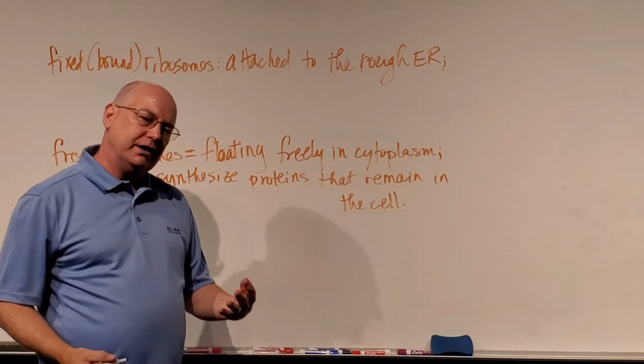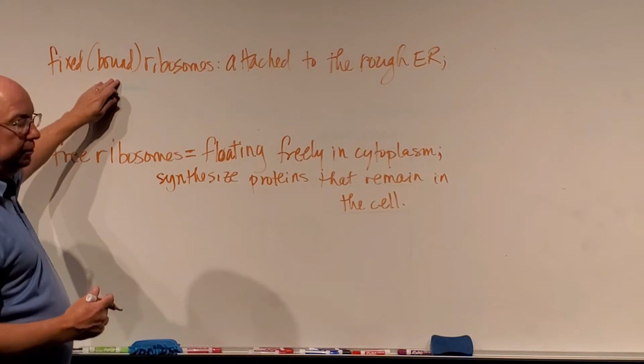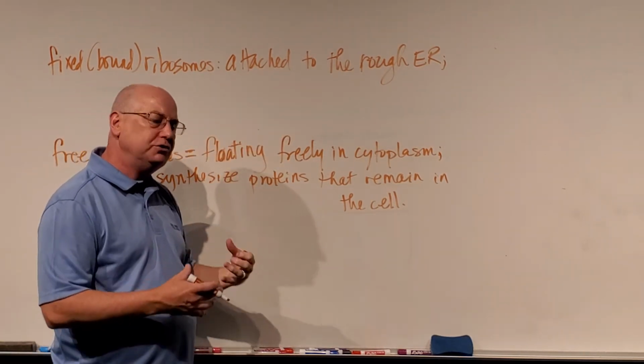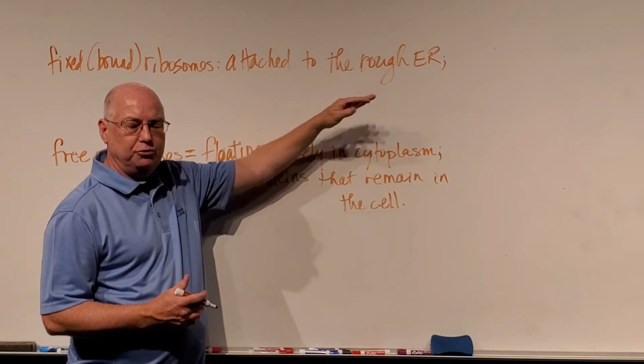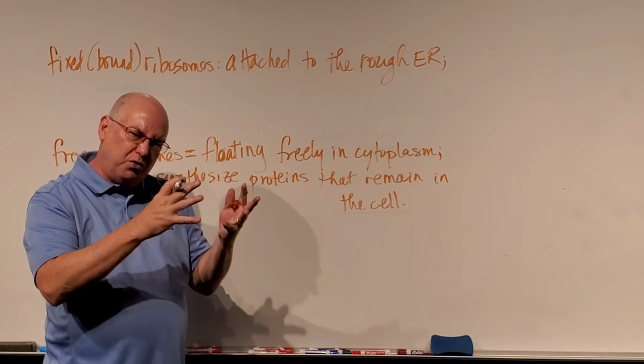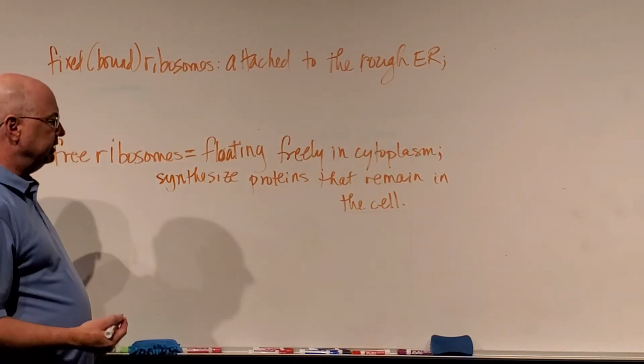We're going to cover that organelle in just a moment. But the reason they're called fixed or bound ribosomes is that they are fixed to or stuck to or bound to another organelle called the endoplasmic reticulum. And because all these little organelles are stuck to it, it looks rather rough or bumpy. There's also a smooth endoplasmic reticulum. We'll talk about that in a moment.